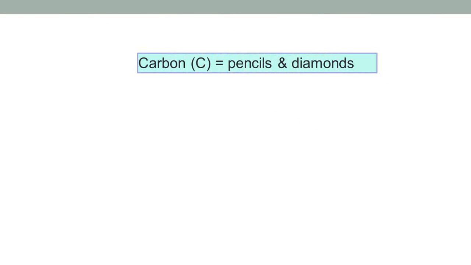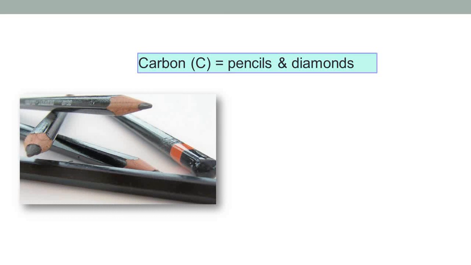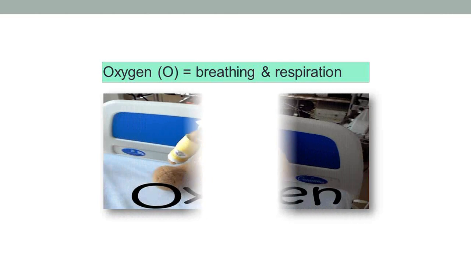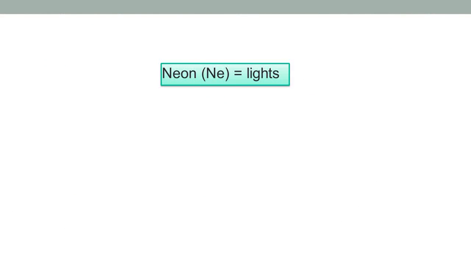Helium. Also, we have carbon, like pencil and diamond. If we see the picture of carbon and diamond. Another example, oxygen. We can use oxygen in breathing. Neon, we use it in light.